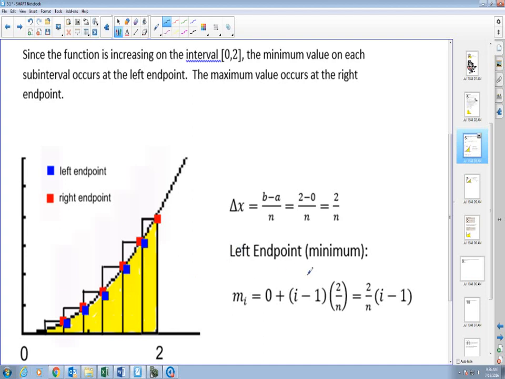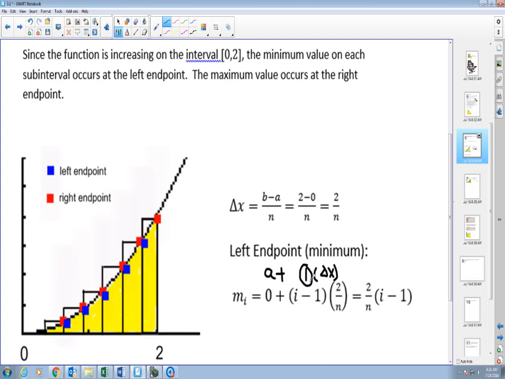So my left endpoint minimum is A plus 1 times delta x. When I wrote this 1 right here, that's referring to one rectangle. It's not the very first one, it's actually the second one.